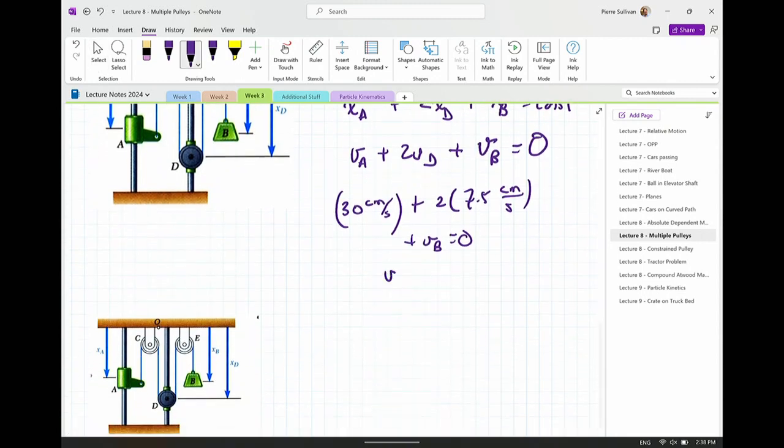And V sub B is equal to 45 centimeters per second. So that's the magnitude. B is moving up.